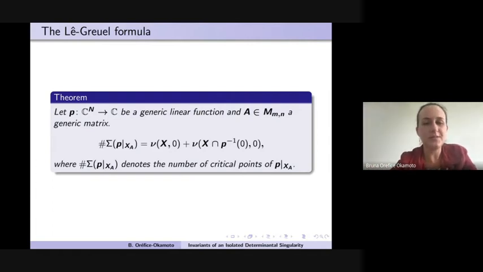Well, all this was to define the vanishing Euler characteristic of the IDS, a kind of Euler number. What I want now is to define the polar multiplicity. So I have to work a little bit for this.